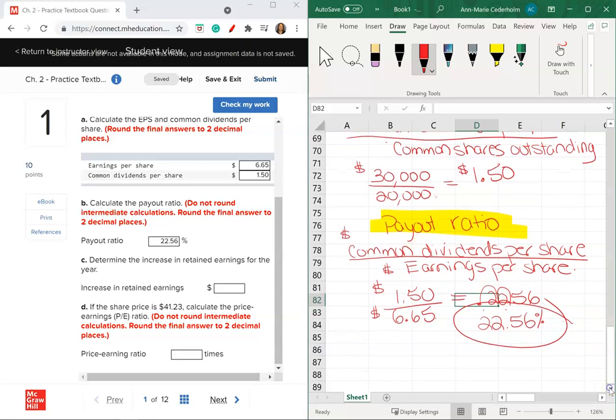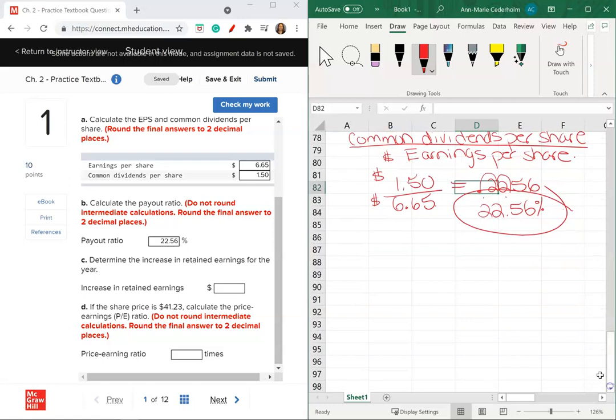Okay, now for the change in retained earnings, what you need to do is take your net income and subtract all of your dividends.